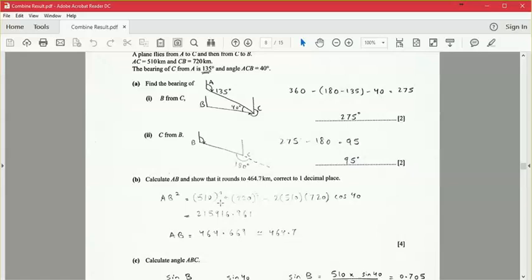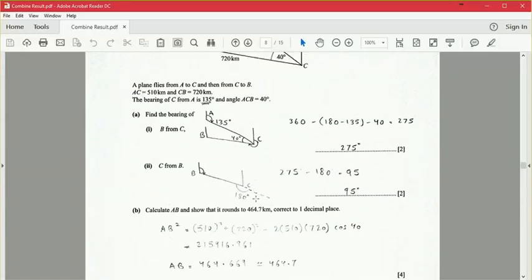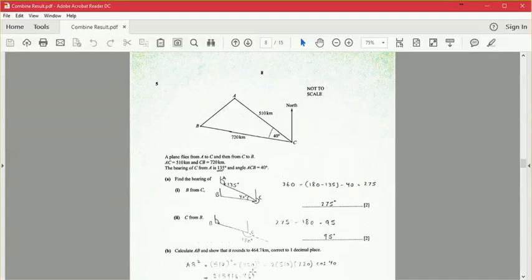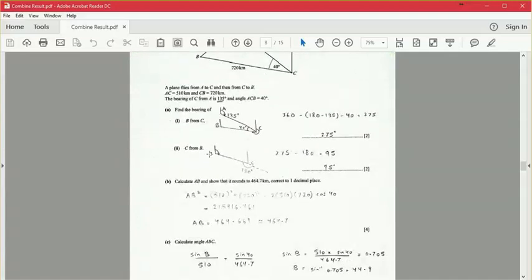AB square equals 510 square plus 720 square minus 2 times the two sides, 510 times 720, times cosine 40, this angle, which is opposite to AB. We'll get the answer, but remember it's AB square. We want to get AB, so take the square root of this number. It's 464.7.